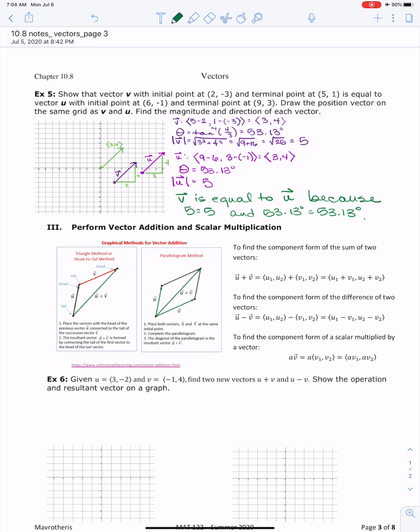Okay, so that's how we know if two vectors are equal. Let me write that up here.